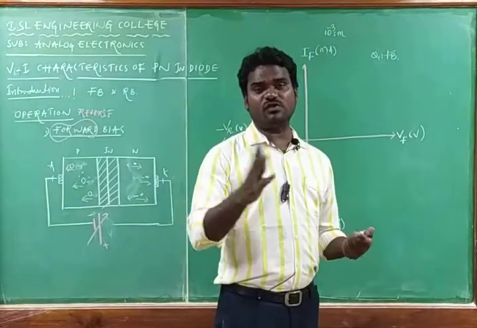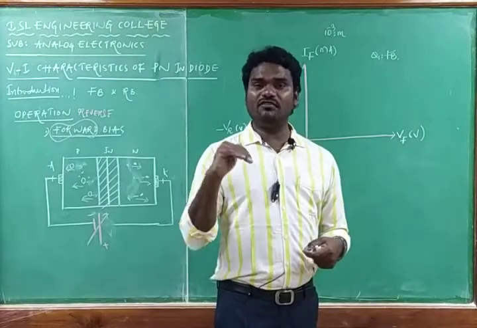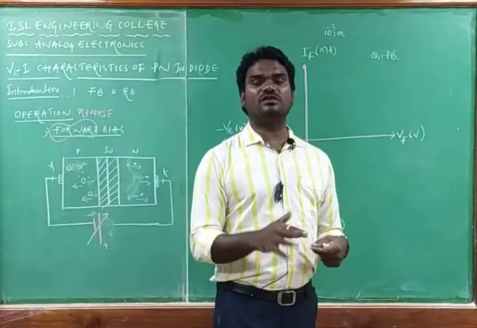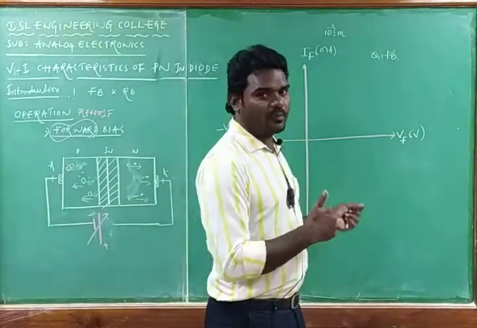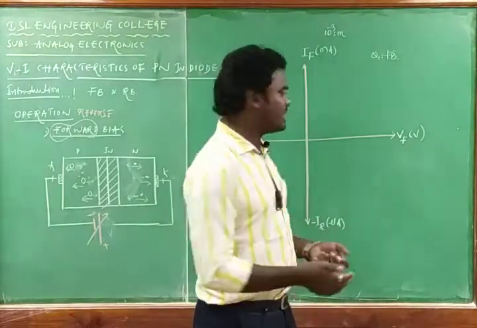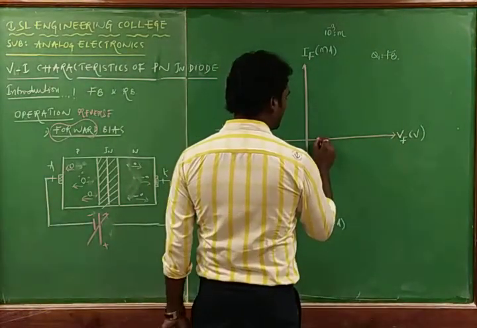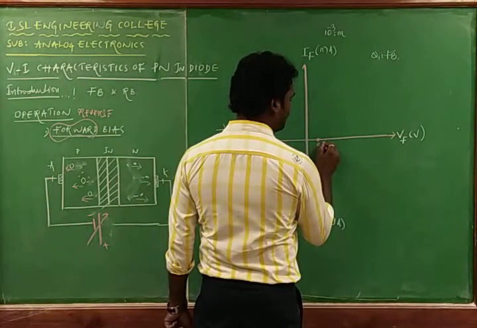Up to 0.6 volts there is no current, even in forward bias. So to represent this, I am taking the voltage in terms of points, and the first point I am taking is 0.2 volts.